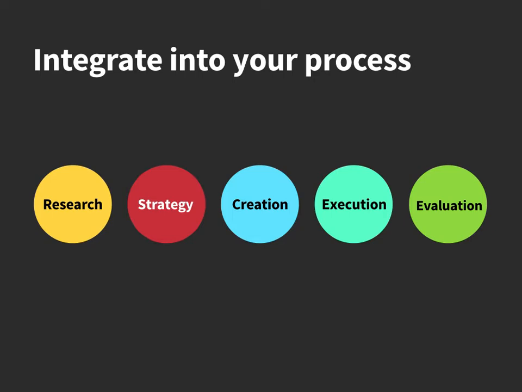It's important to have accessibility considered during all parts of the design process. So whether that's researching your users, conducting a strategy, definitely the creation and execution of the piece, although if you consider accessibility early on, often it won't become such a surprise during the execution piece.